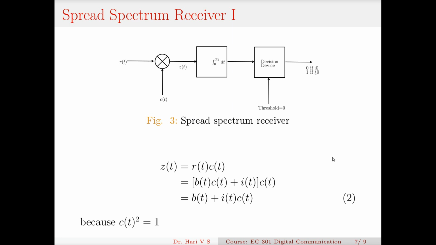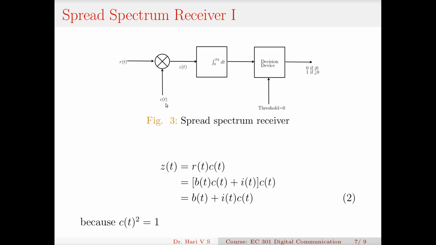Now what happens at the receiver is very simple again. r(t) is coming. What is r(t)? It is b(t) times c(t) plus i(t). b(t) times c(t) is my scrambled signal, plus i(t) is the interference. Now this is my friend's receiver, to whom I intended this. He has a copy of my c(t). c(t) is known only to the transmitter and receiver. My intended receiver, my friend, has this c(t), but my enemies do not.